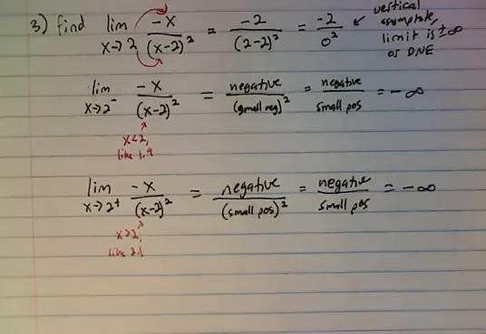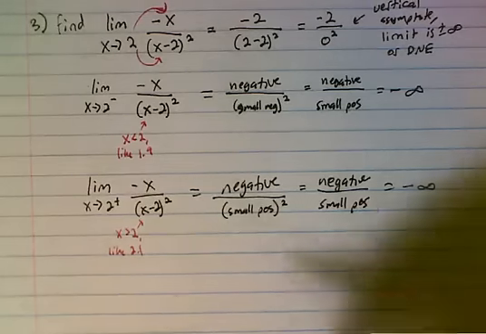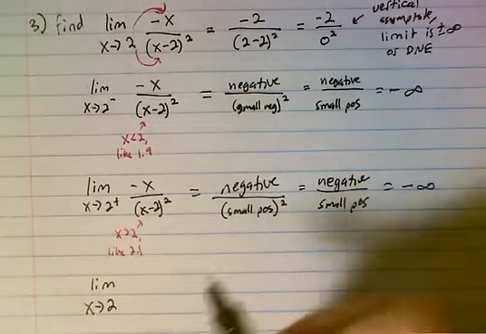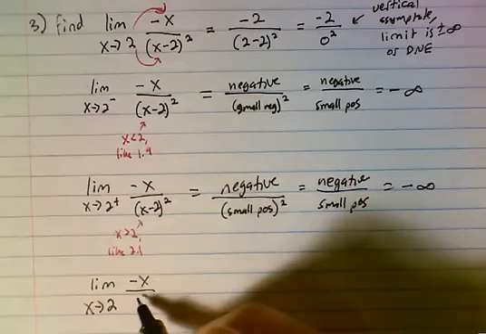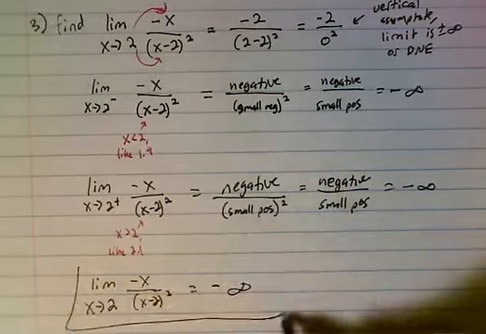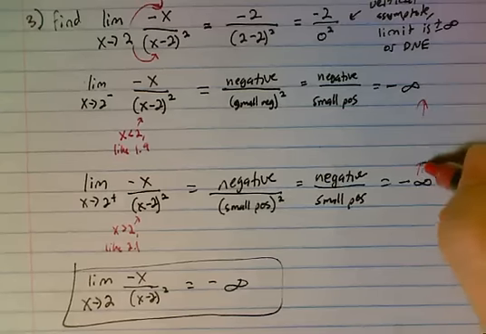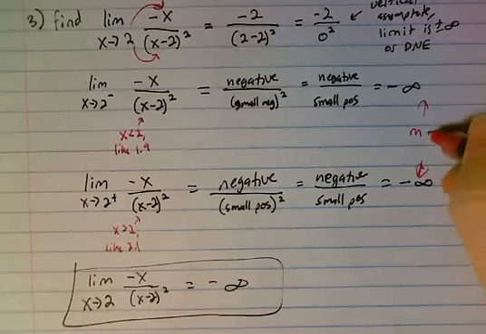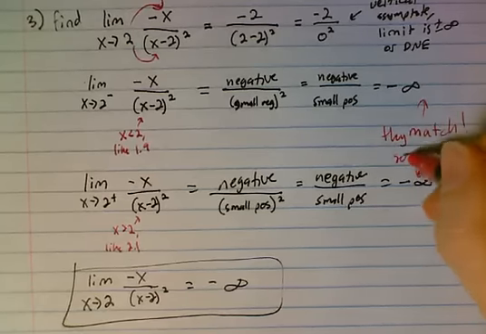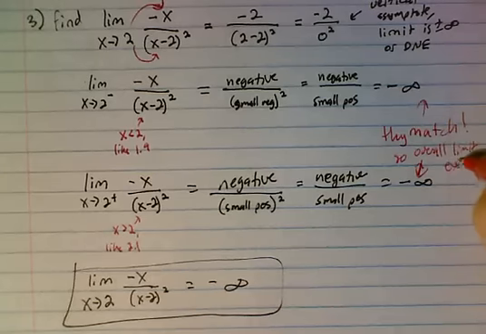Number divided by a small number is infinity. So now, in this case, these two match. The overall limit as x approaches 2 is negative infinity. Just going to write why that is. They match. So overall limit exists.